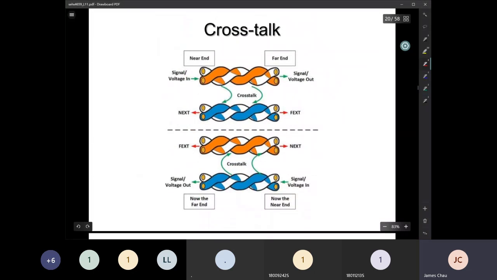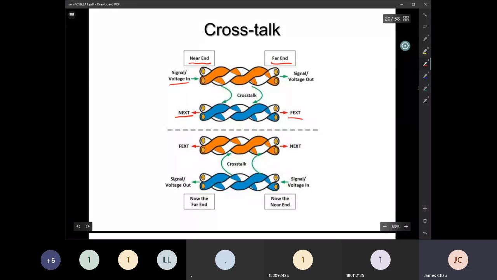This picture shows how crosstalk appears. If you have 2 twisted cables, the voltage is input at the left-hand side of the top cable, which is the near end. Because the voltage may be induced, what appears is the near end crosstalk. The right-hand side is the destination of the voltage, therefore we call it the far end. This again will induce a voltage and cause crosstalk in another cable.